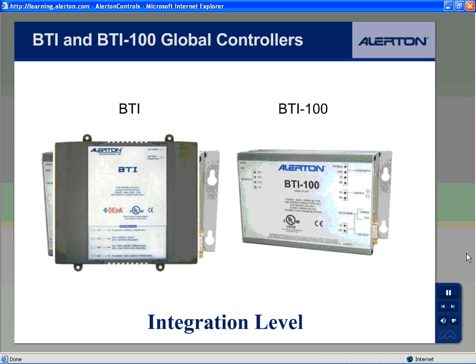The BTI supports one of each BACnet network type: Ethernet, MSTP, and a point-to-point, EIA-232, and to host inbound and outbound modem connections. Both the BTI and BTI 100 execute global control strategies with their locally connected field controller level devices.